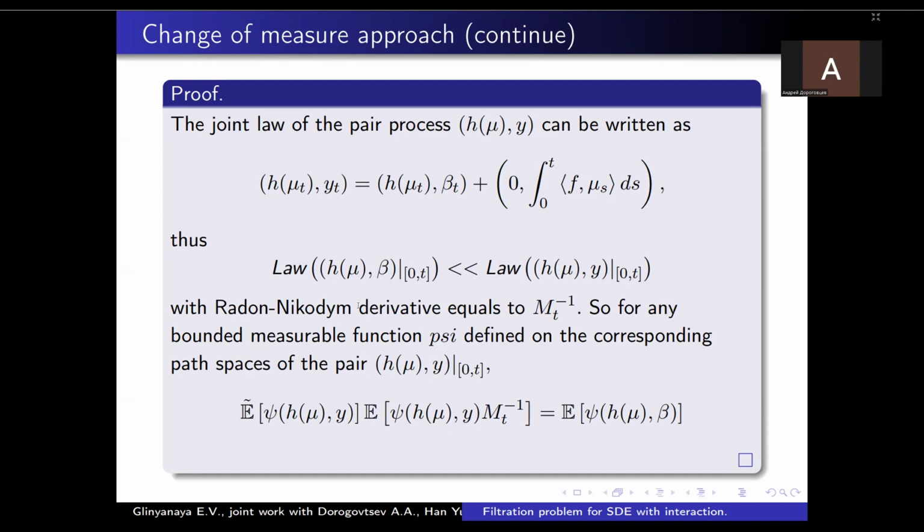So we also have a question, maybe I missed something. So mu t is actually the push forward under xt, the solution of the original equation, right? And yt is a function of xt and some beta.